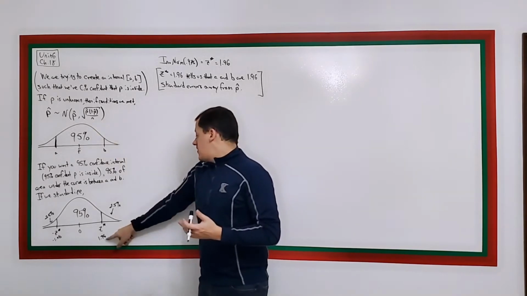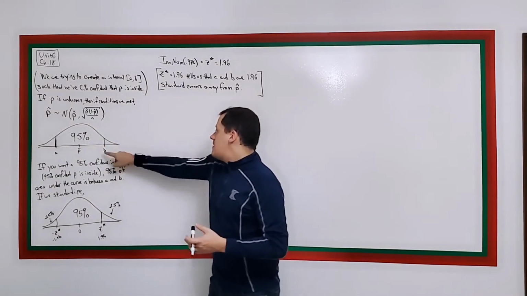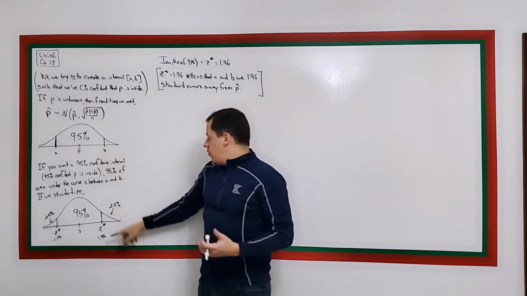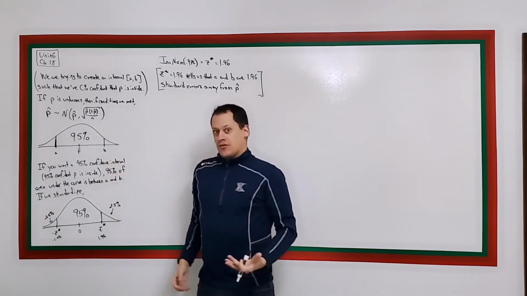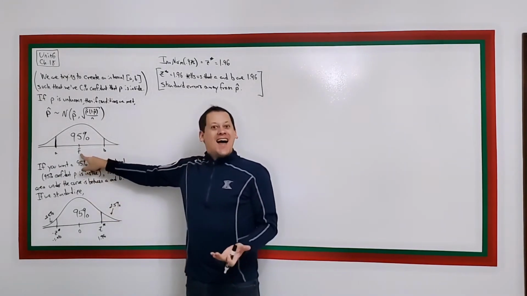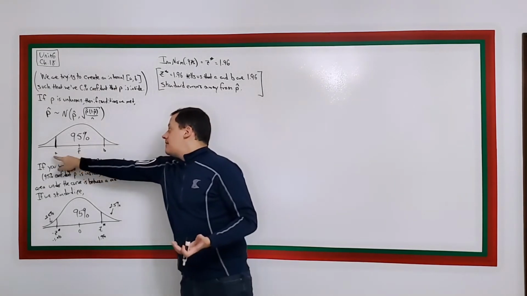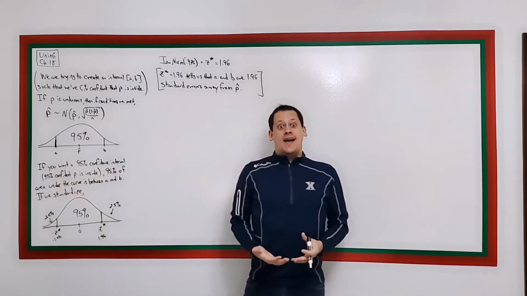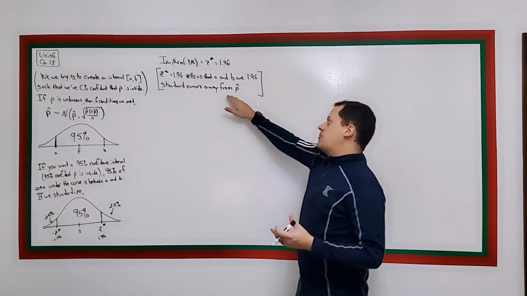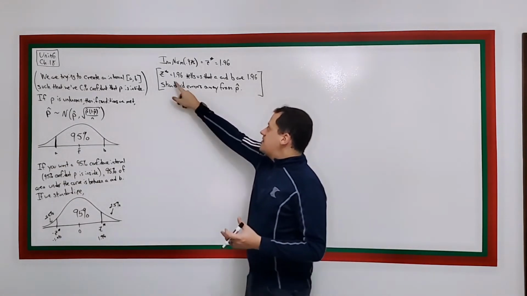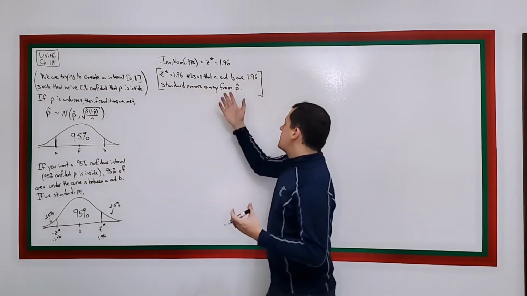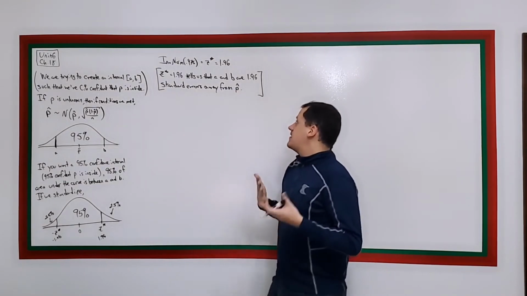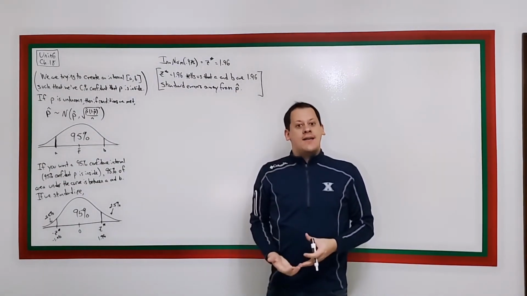So if z star is 1.96, then B is 1.96 standard errors above p hat. And then, by extension, A would be 1.96 standard errors below p hat. So that's the interpretation we take away from that. If z star is 1.96, then A and B are 1.96 standard errors away from p hat.